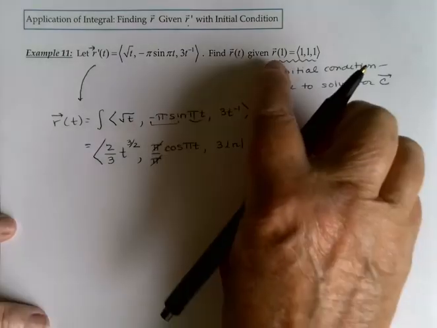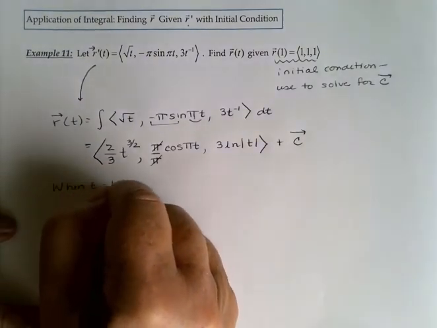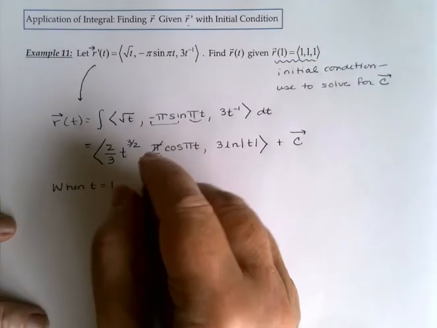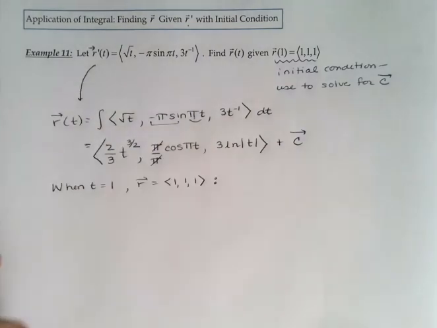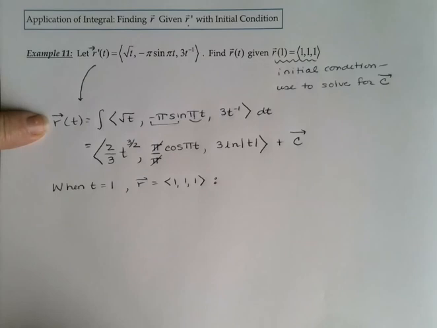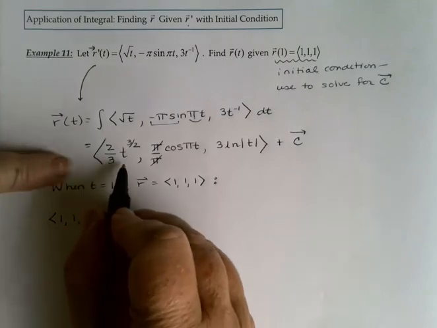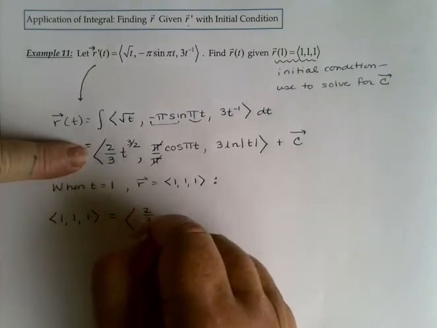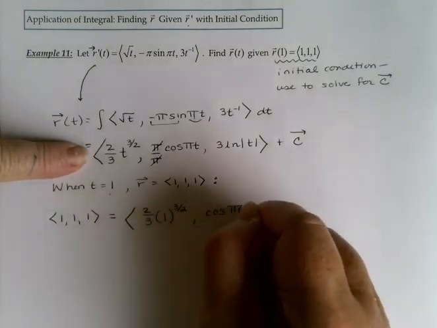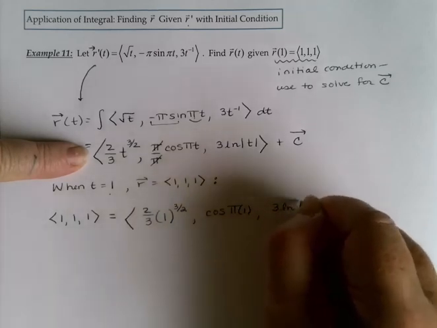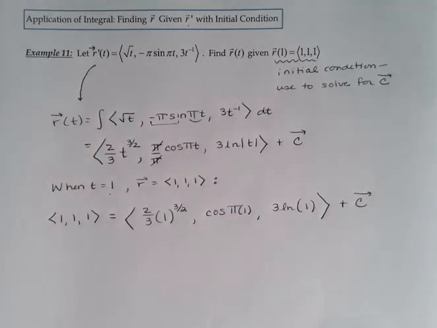All right. I now know that when t equals 1, r is equal to 1, 1, 1. So if I plug in all of that information, r is 1, 1, 1, and t equals 1. Like so, I can now solve for that constant.